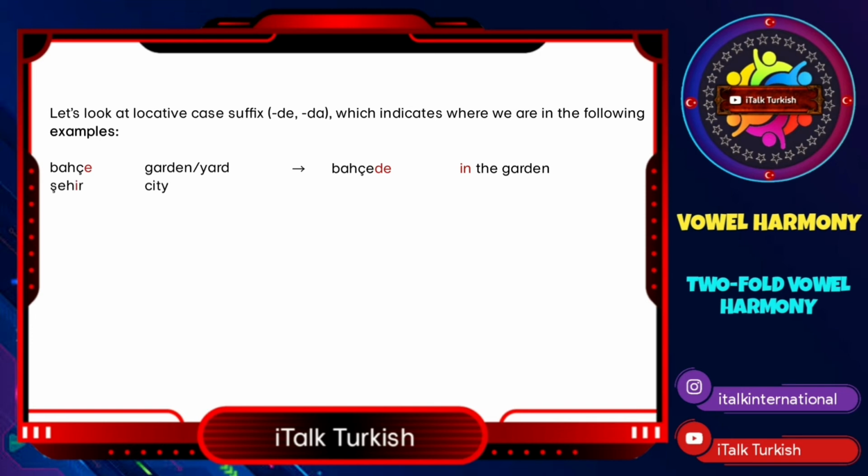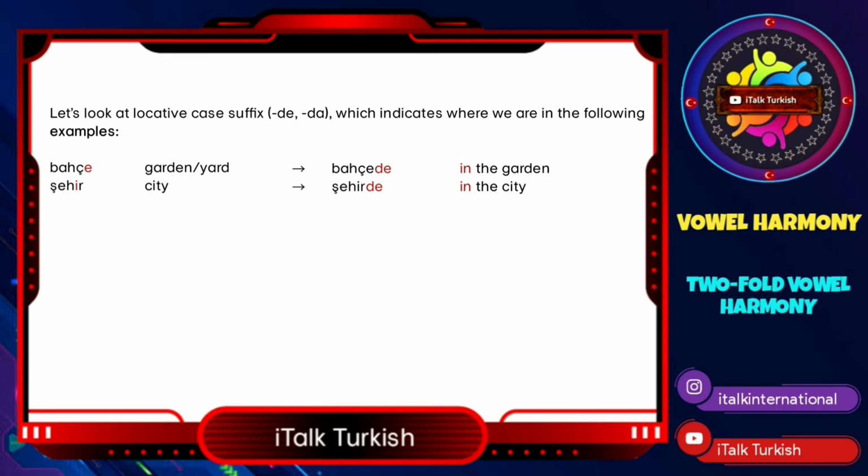Şehir. The last vowel of şehir is i. Locative case suffix will be de, because the last vowel is a front vowel, that is to say, i.